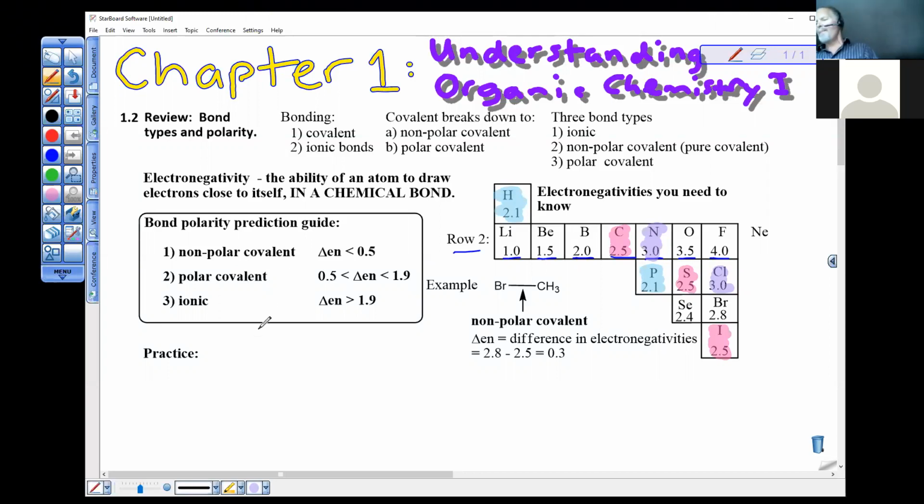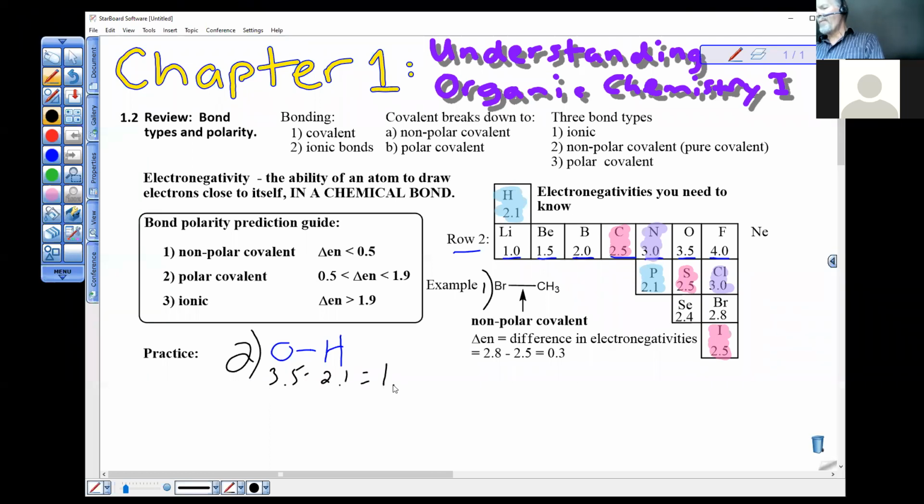Polar covalent bonds, we have an example of a nonpolar covalent bond here. A polar covalent bond would be something like O bonded to H. That's category 2. This was category 1 here. We have a 3.5 for oxygen and a 2.1.